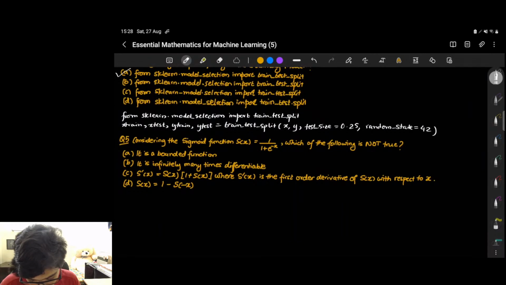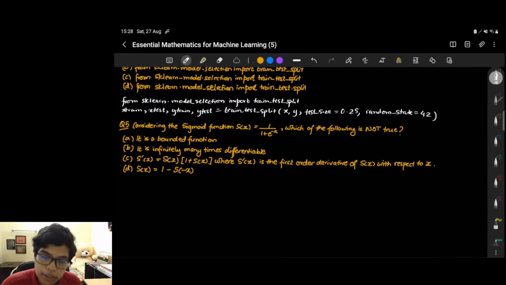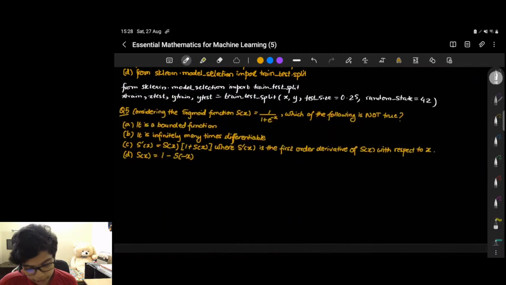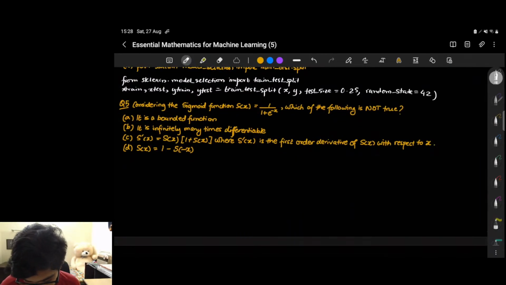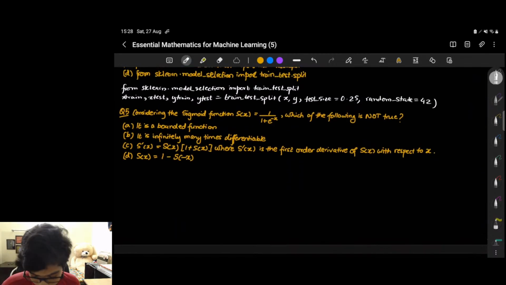This is question number 5. Considering the sigmoid function, in the theory lectures we were given the sigmoid function, which is like an S-shaped curve. Which of the following is not true? We are given some statements regarding the sigmoid function, and we need to check their validity. The sigmoid function is bounded in this domain.